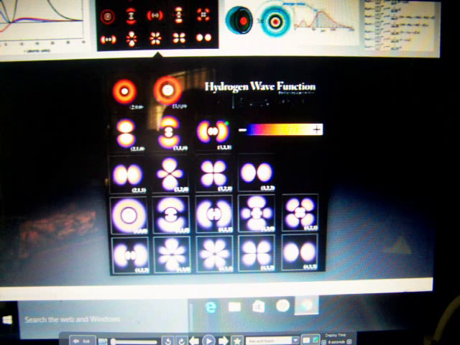And I don't know if anyone has ever seen hydrogen with any kind of instrument. I think these are artist renditions of what they think it looks like, because when I go to Google Images I don't see any actual pictures that they've taken that show the hydrogen wave function.